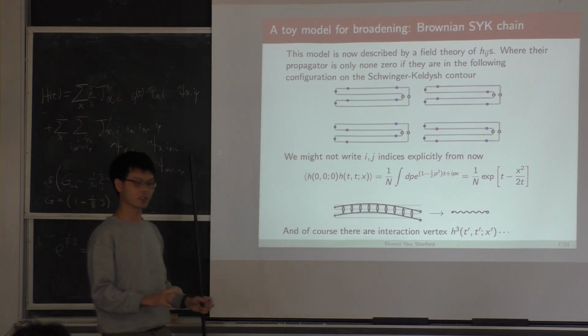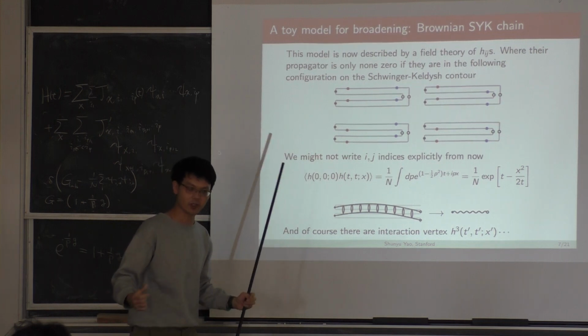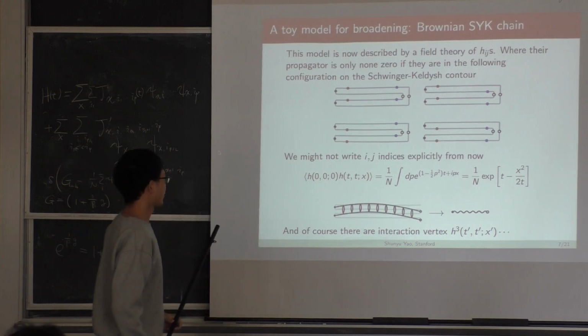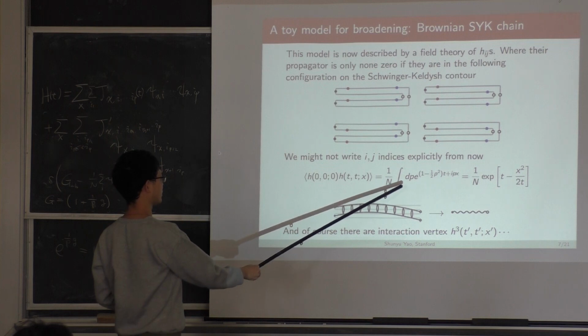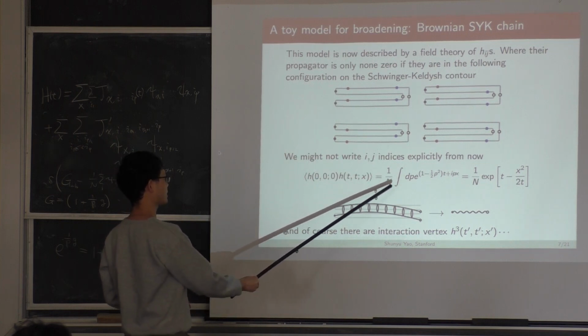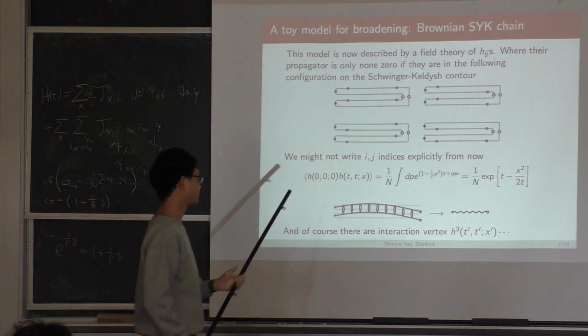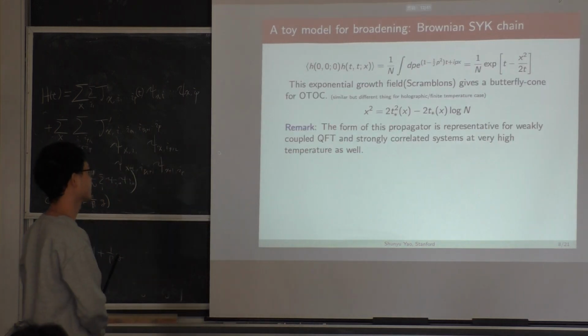When I write this HH propagator, the implicit meaning is the out-of-time-order configuration, and you sum over different contours. Okay, so let's look at how this propagator behaves. This is the expression for this propagator, this is the expression in momentum space, and that's in real space.